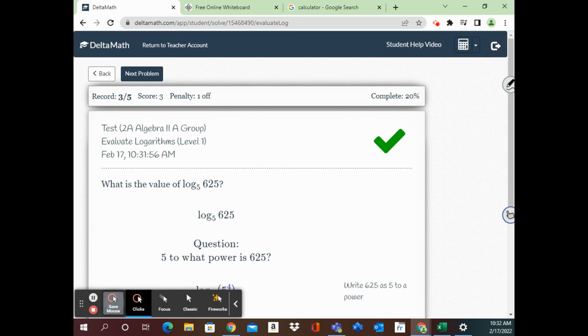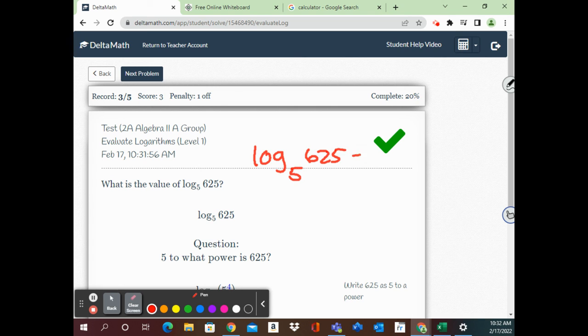Another way to look at this is to say I have log base 5 of 625, and I want to say that it is equal to x. To find x, I can say log base 5 of 5 to the 4th power, what is that equal to? That's just equal to 4. How do I know?